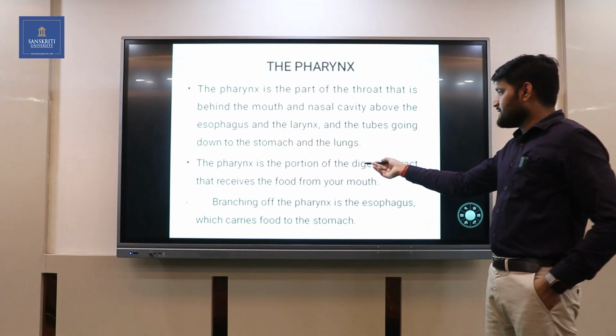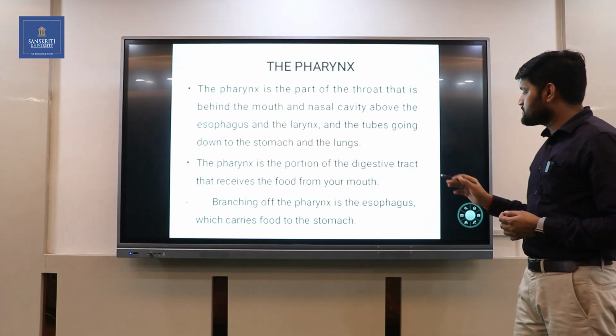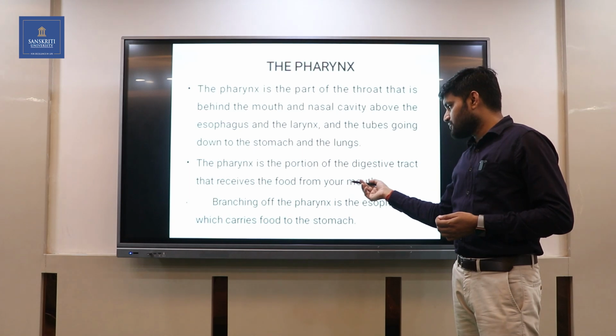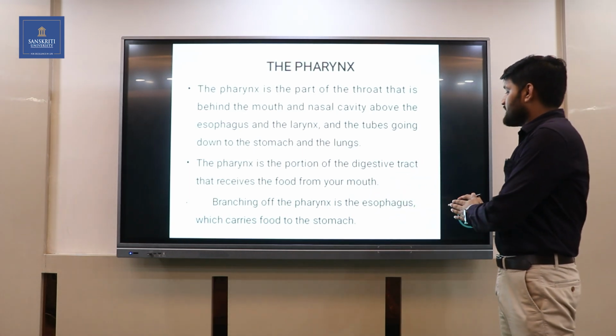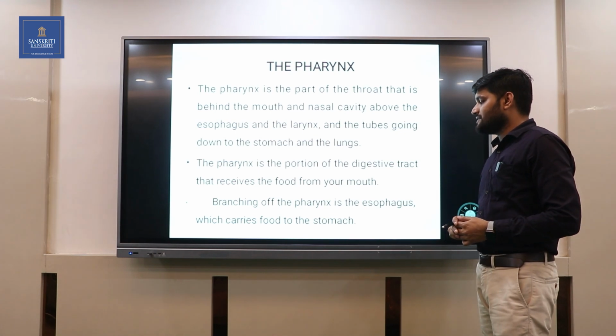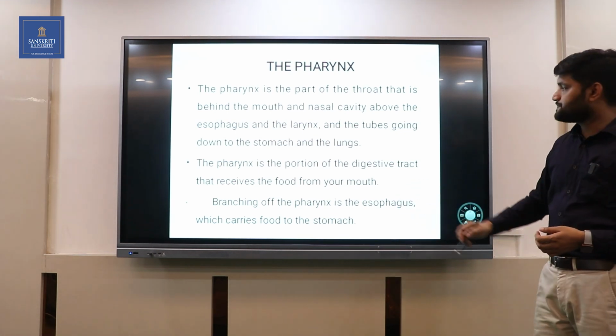The pharynx is the portion of the digestive tract that receives the food from the mouth. Branching of the pharynx is the esophagus, which carries food to the stomach.